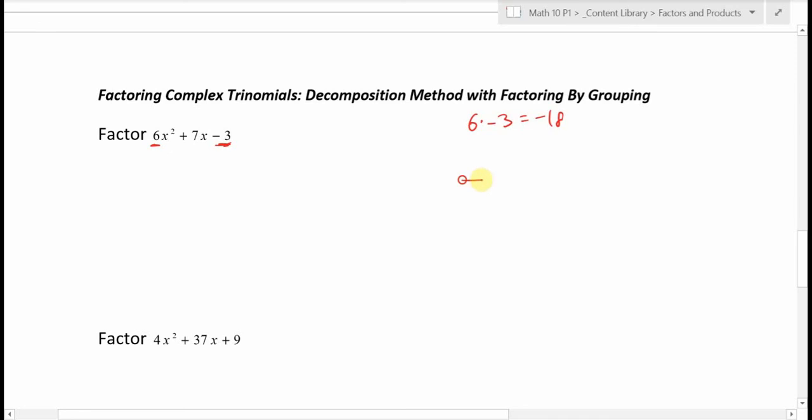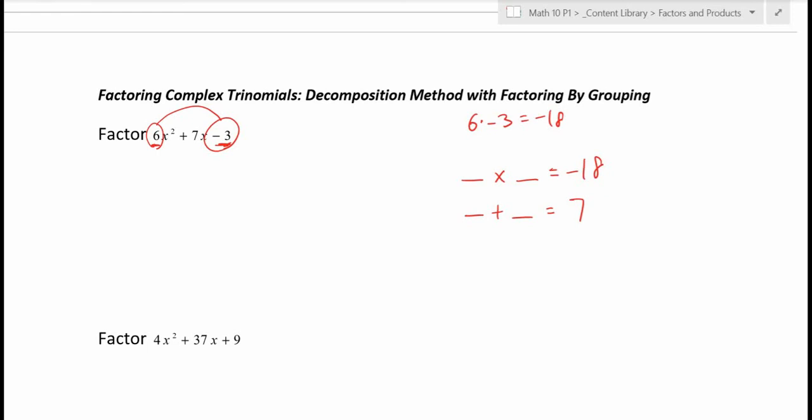Recall last time, for factoring our simple trinomials, we were looking for two numbers that multiply to the constant term. However, because the leading coefficient is not a 1, it's a 6, we are going to multiply these two, and we look for two numbers that multiply to -18. Again, -18 came from the leading coefficient times the constant, and these two numbers will still have to add to the coefficient of the middle term, which is 7.